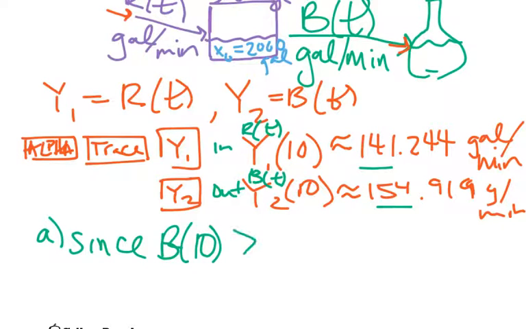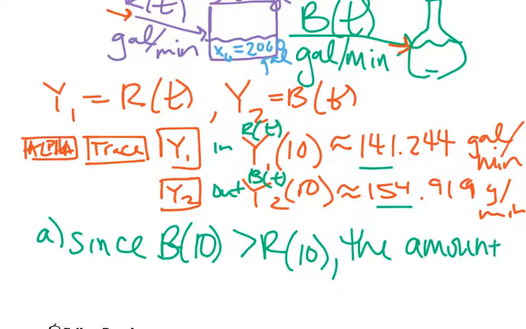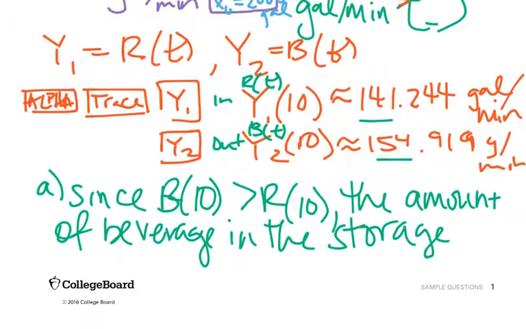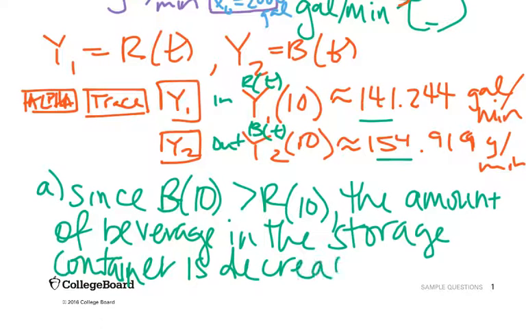Since B of 10 is greater than R of 10, the amount of beverage in the storage container, so we're giving the context and explaining what it means, in the storage container is decreasing at T equals 10.